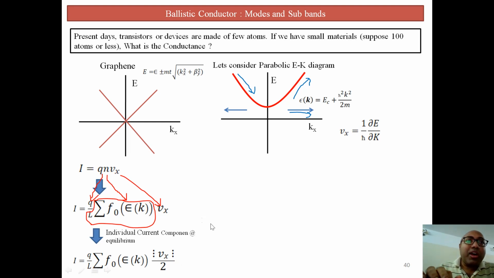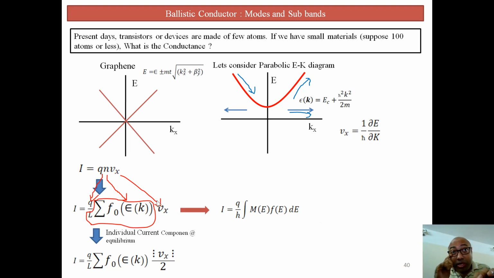Okay, fine. So now this is the current expression, but scientists thought about introducing another term which would be very handy, called the modes. Just like that expression, I is equal to q by L, sum of f0 epsilon k Vx, it may be exactly the same.